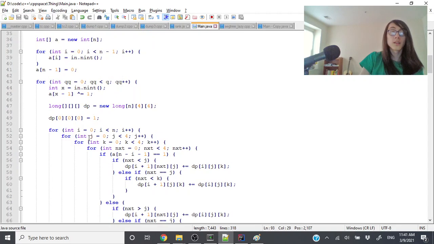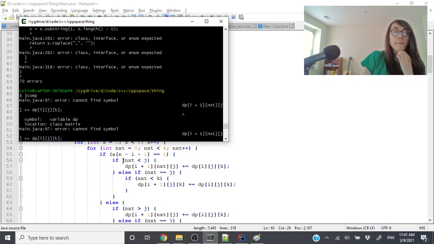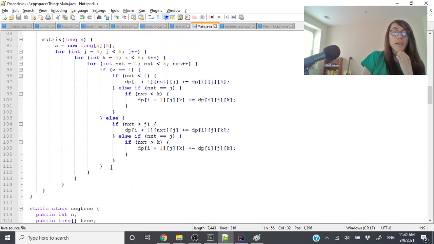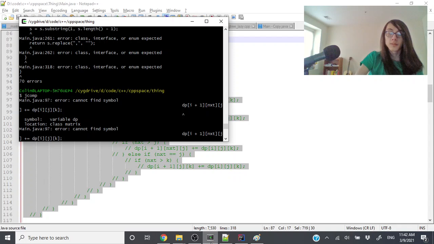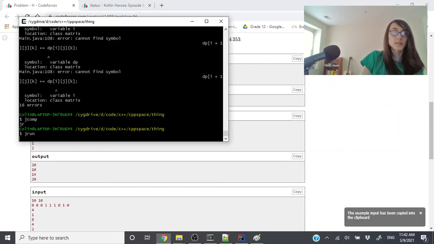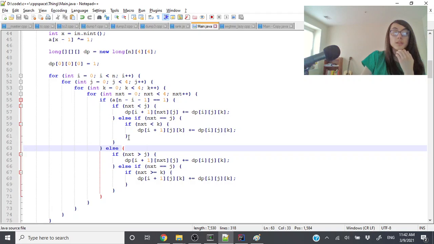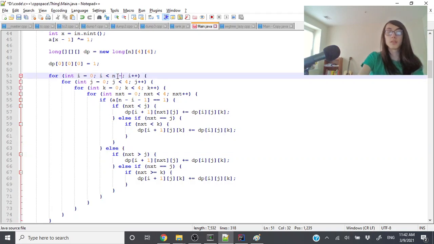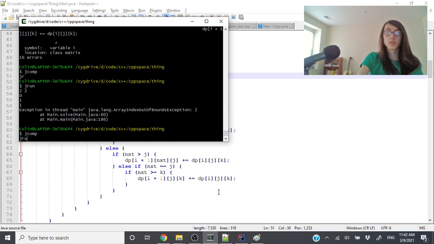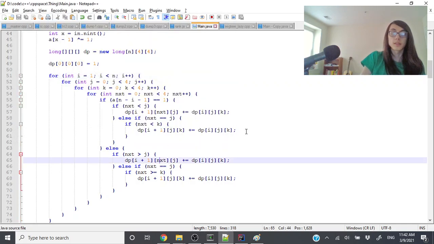What? Oh, okay, fine. I'll just comment it out for now. So does this still work if I have these transitions? Array index out of bounds exception 2. Where? 60.